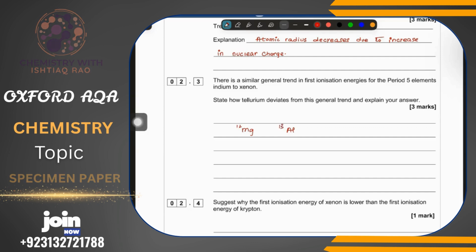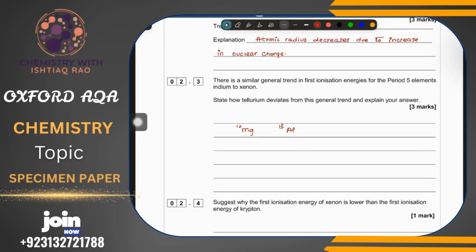If we say that ionization energy increases across the period, aluminium is supposed to have higher ionization energy than magnesium. But the thing is that magnesium is higher than aluminium. What's the reason? When we did the electronic configuration, magnesium ends on 3s2, which is filled and more stable, so more energy would be required to remove an electron.